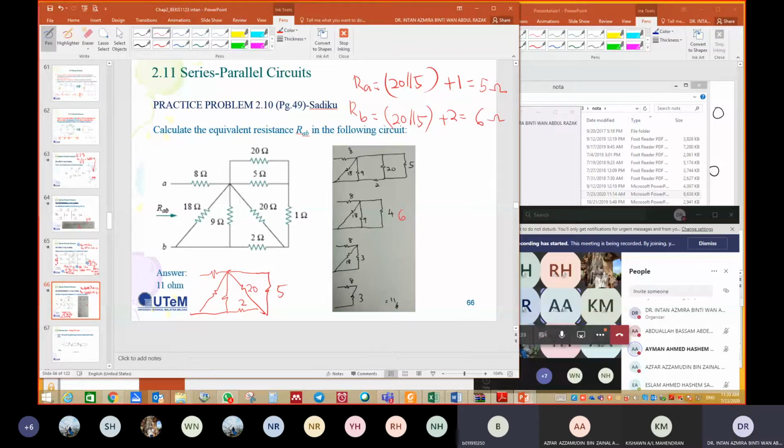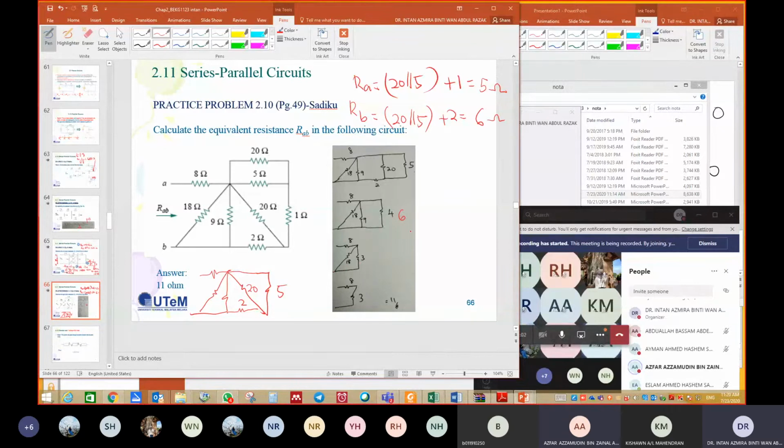Okay, 6. And then 6 parallel with 9, we get... 6 parallel with 9 and parallel with 18. No, 6 parallel with 9 first. Asfar? Yes. 6 parallel with 9 is 3.6. Then 3.6 parallel 18.